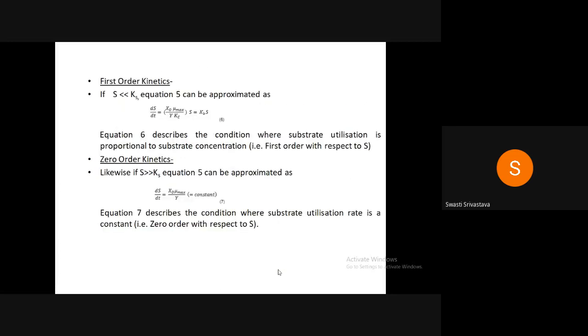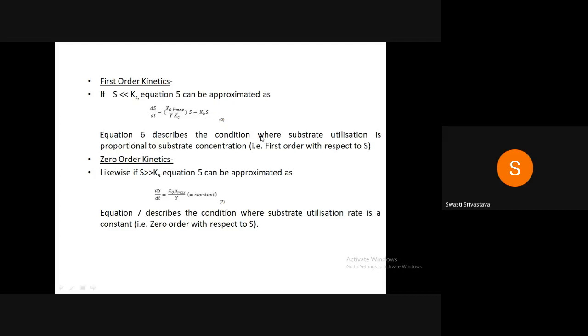Now, these observations can also be extended to the first order kinetics and the zero order kinetics. If the S concentration is less than the substrate saturation constant, then the equation can be approximated as ds/dt = (mu max x0/Y)(S/Ks).